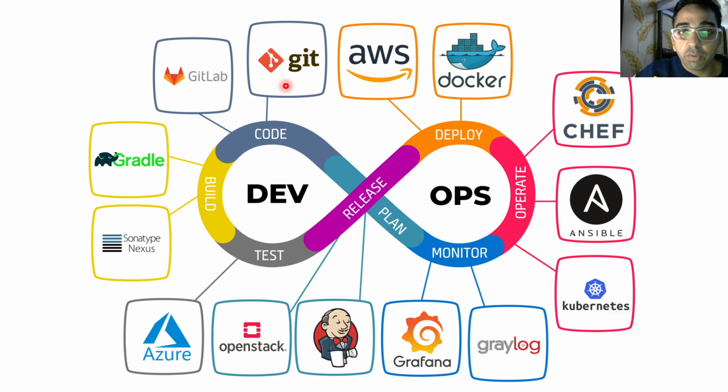Normally we have Git repositories and GitLab, where we store our code. We build everything using Gradle and Maven. We'll talk about all these things. We test using certain test tools, or we test using Azure directly on the cloud, right? And then we release. So: code, build, test, and then we actually release and plan.